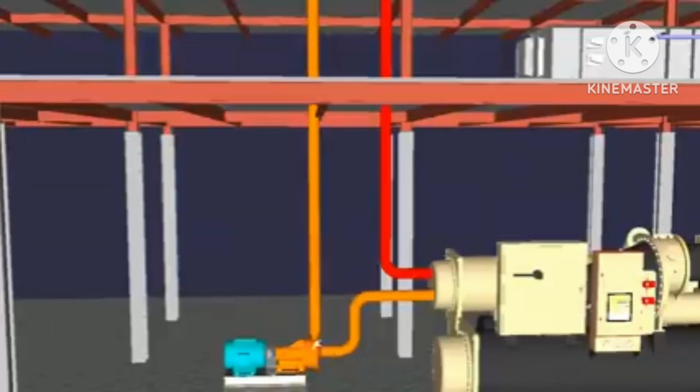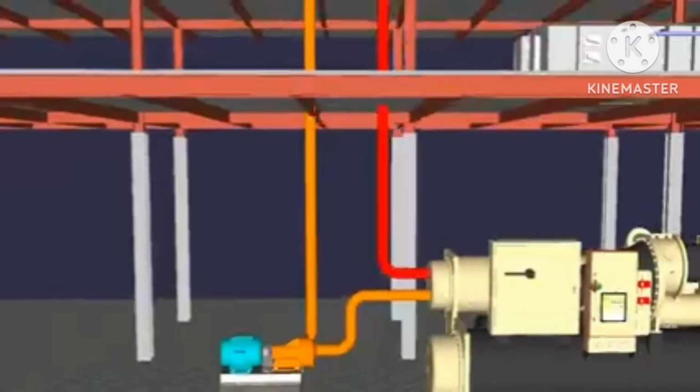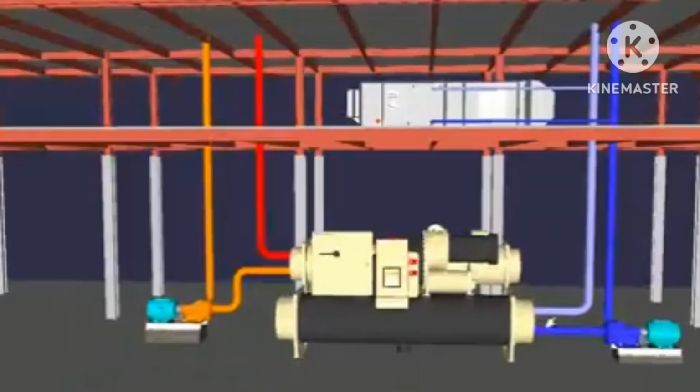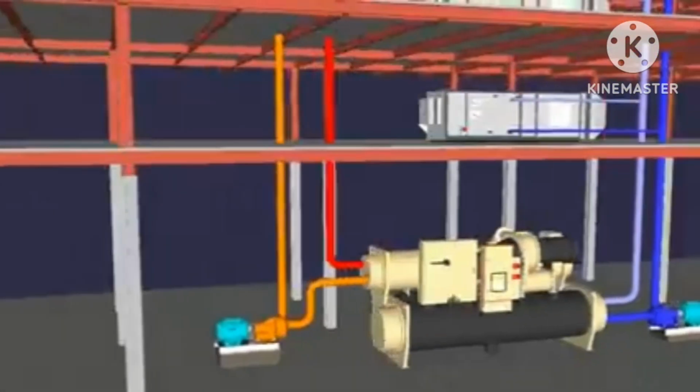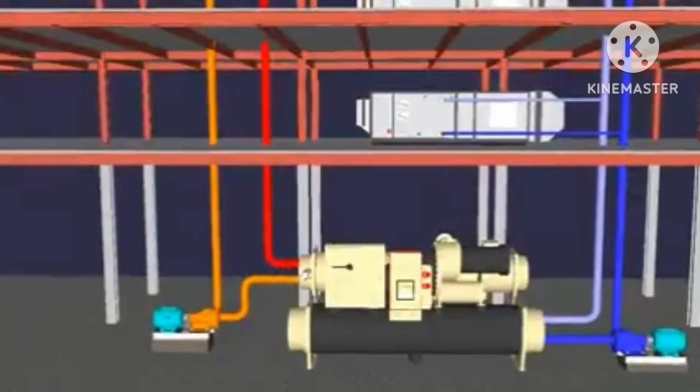That's obviously coming out there. The pipe should be the other way, but this is a free video, so I'm not correcting it. And so this is where the condenser water then comes back into here, enters into these coils inside and picks up more heat, and is sent back up to the cooling towers.